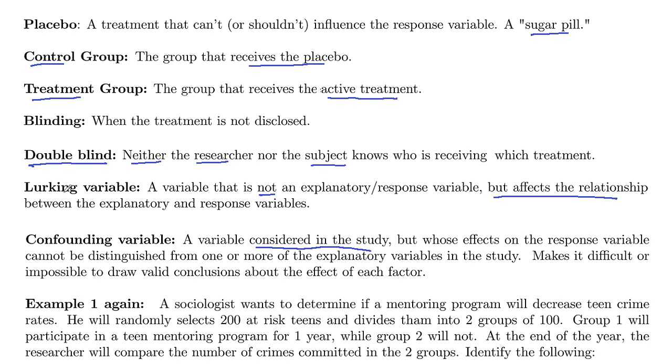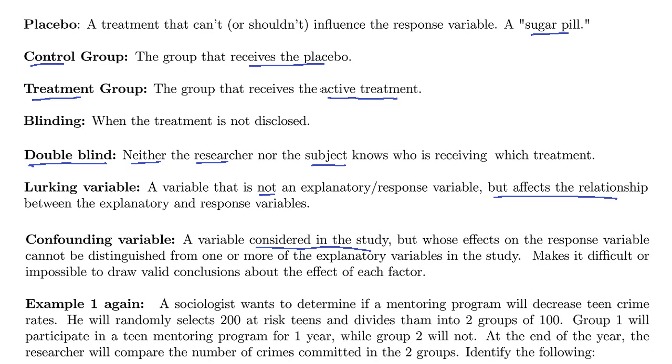So the difference here is that lurking variables are variables that are not considered, and sometimes we're not even aware of them, whereas confounding variables are considered in the study, we are aware of them, but we may not be able to assess their effects.